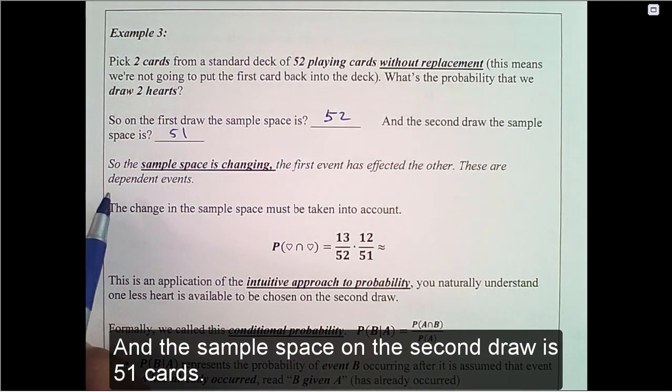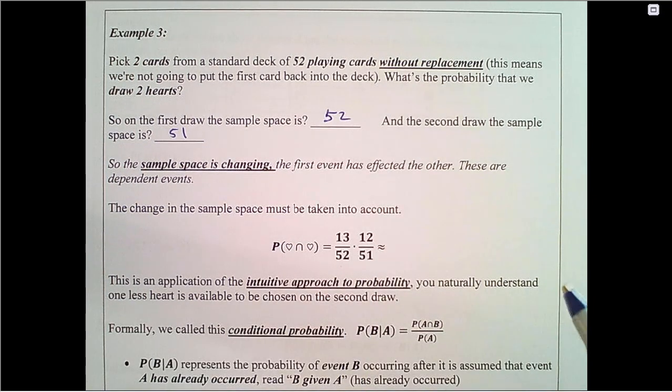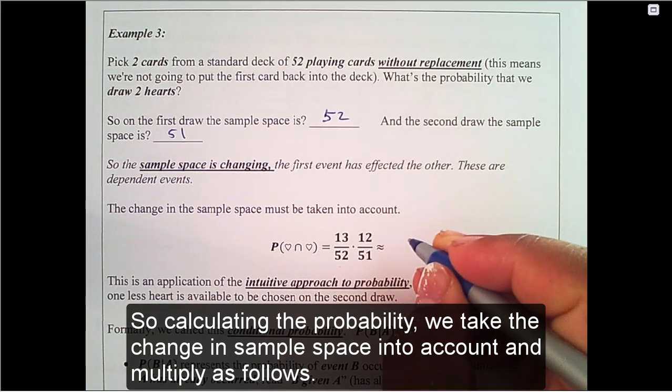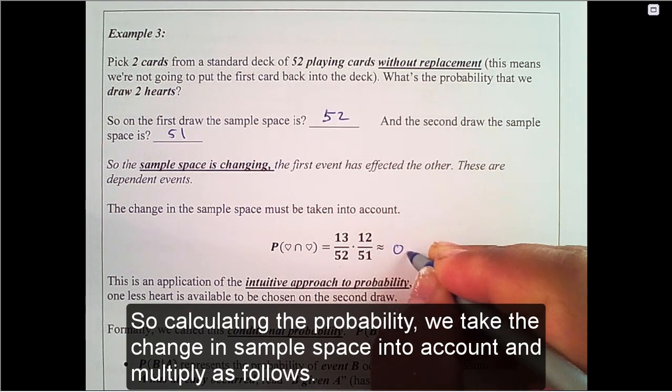And the sample space on the second draw is 51 cards. So calculating the probability, we take the change in sample space into account and multiply as follows.